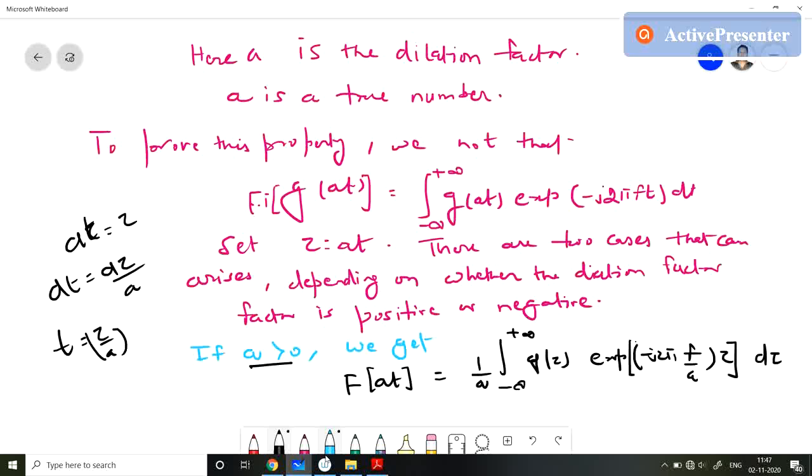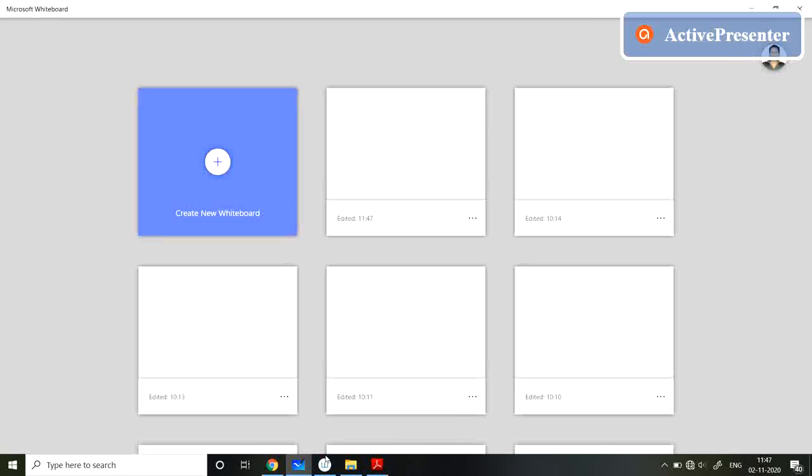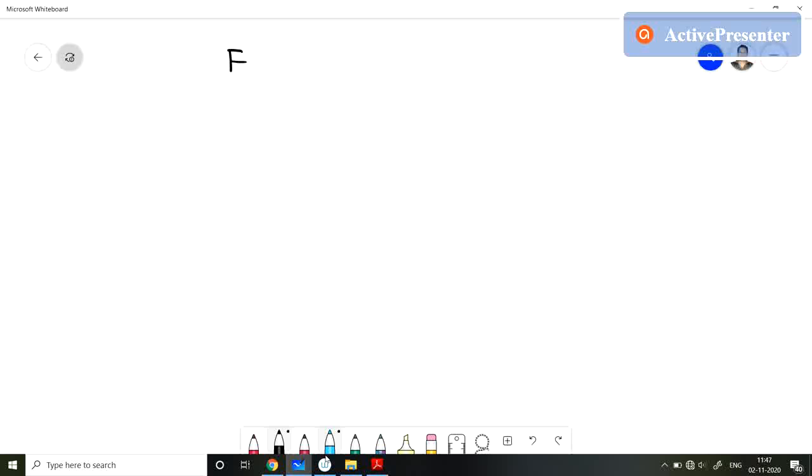So what we are getting here is that the Fourier transform of g(at) is equal to 1 divided by a G(f by a).